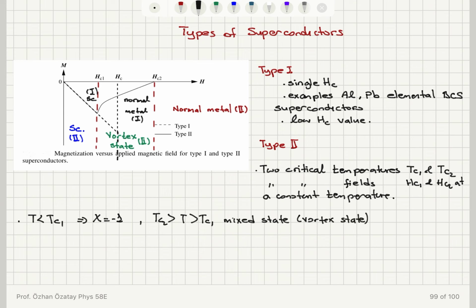So what happens in this case is that the flux lines can run through narrow regions of non-superconducting material surrounded by vortices of supercurrents protecting the rest of the superconductor. So if this is your type 2 superconductor for temperature between TC1 and TC2, what we see is that there are normal metal regions like this.